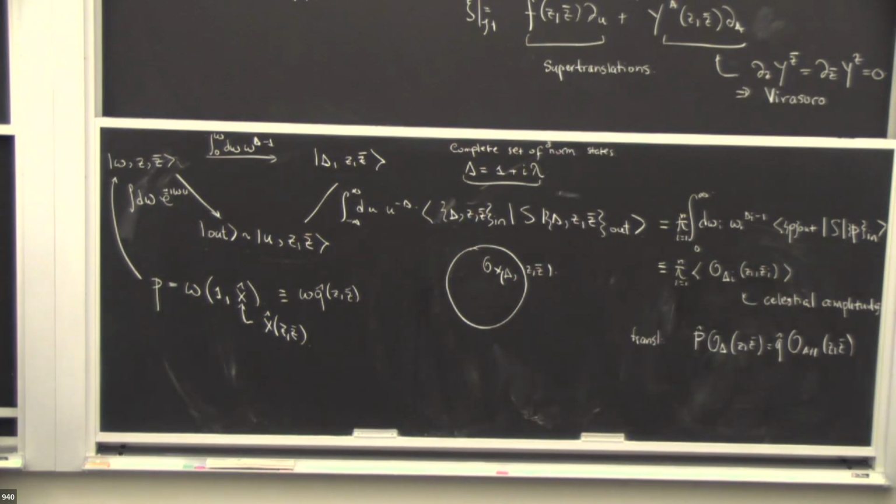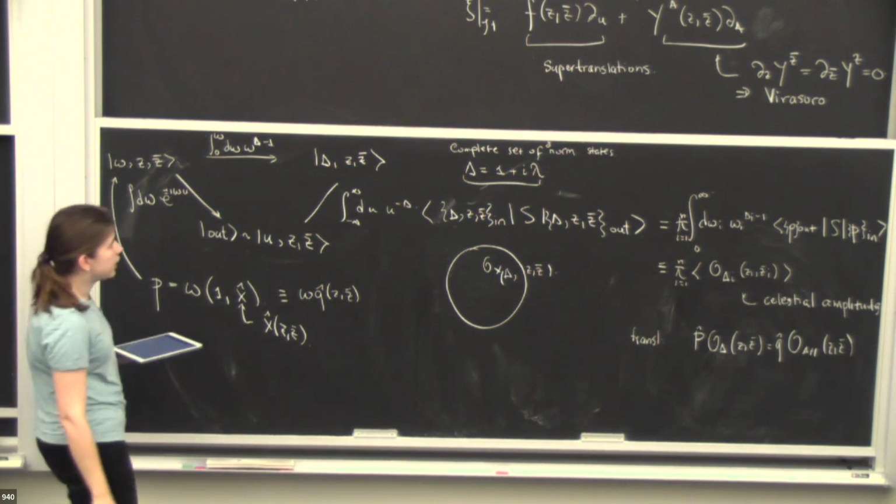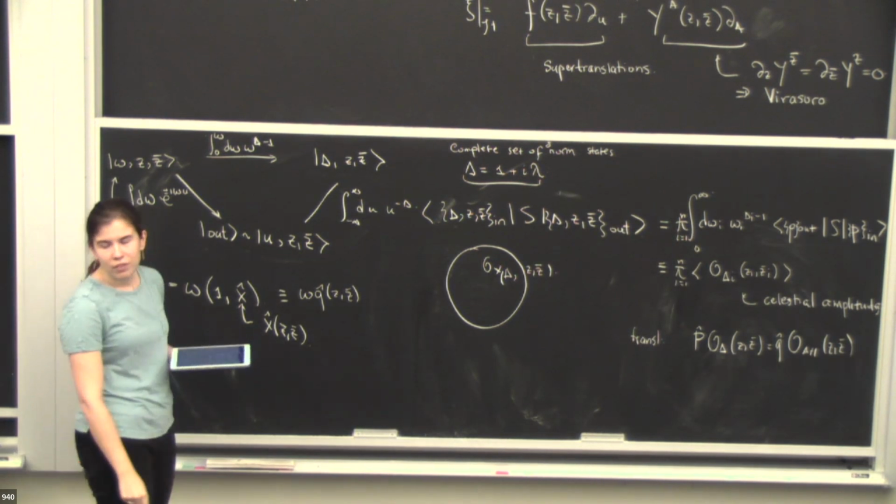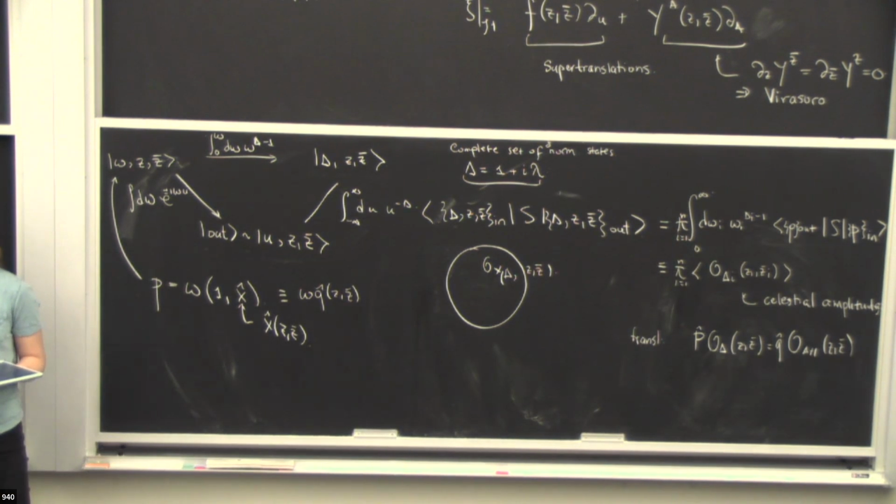But I'm saying that the thing that matters would be the expectation value of the translation operator in some states of definite delta. And so if you think about that, I'm just asking whether this is the operator you get from P hat, and whether you can interpret it in terms of the original scattering amplitude.